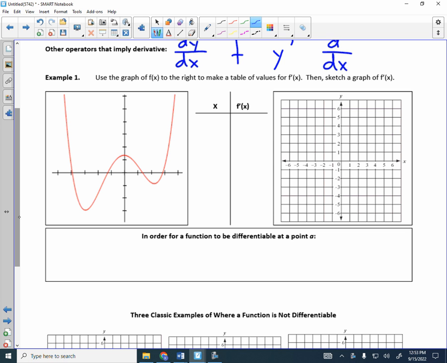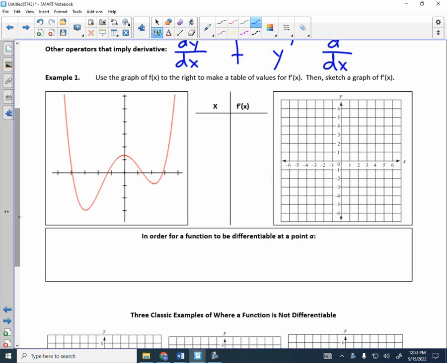Where is the derivative equal to 0? Go, talk. Five, four, three, two, one.